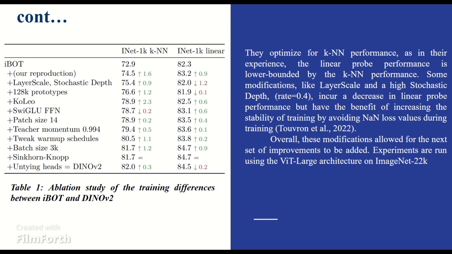KoLeo, warm-up schedules, batch size all contributed meaningful gains here. Some changes, like layer scale, reduced linear accuracy but improved training stability, showing a trade-off. The final DINOv2 model combines the best of these for optimal results. So it's all about this table.